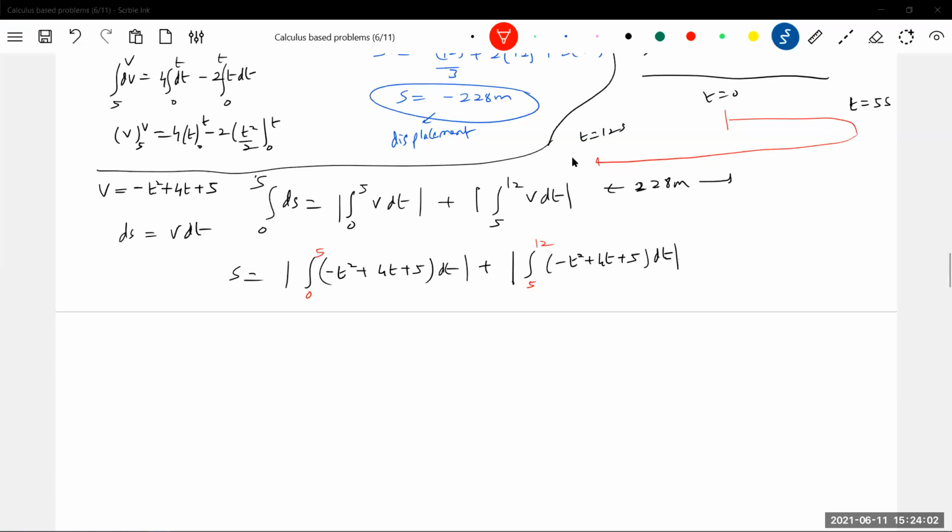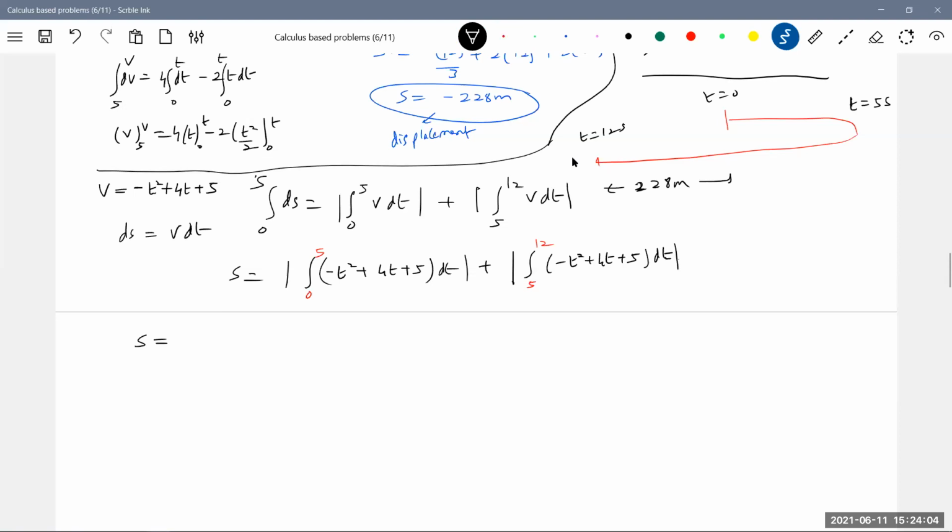This will solve it. S is equal to, it's very lengthy, it's going to be minus t square dt, 4t dt plus 5 dt, mod of it.